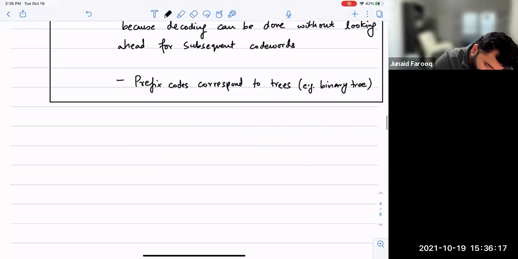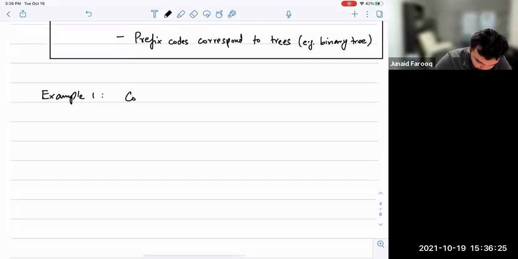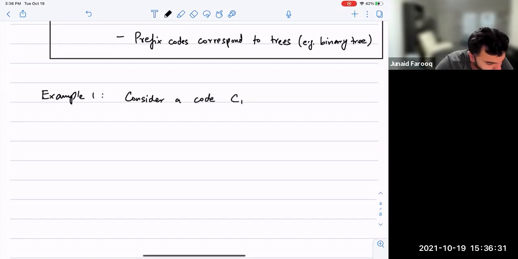Now let's take an example of codes that are easy to decode, or that are prefix codes. Consider a code C1, which is a binary code and has 0 and 101.